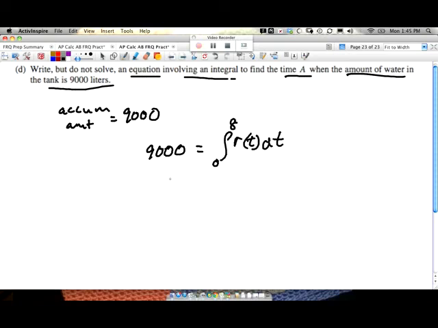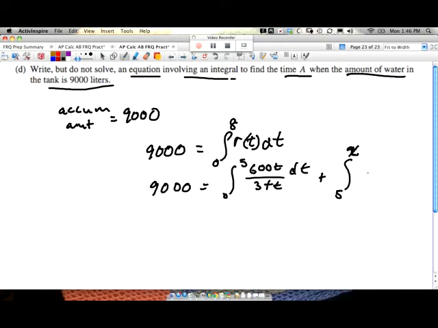Now, unfortunately, we have to break this up into more than one integral. So 9,000 equals the integral from 0 to 5 of r of t, which I believe was 600t over 3 plus t dt, plus the integral from 5 to t.